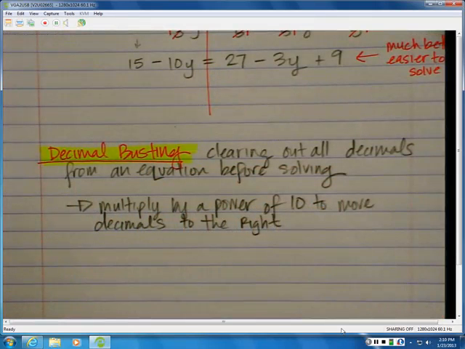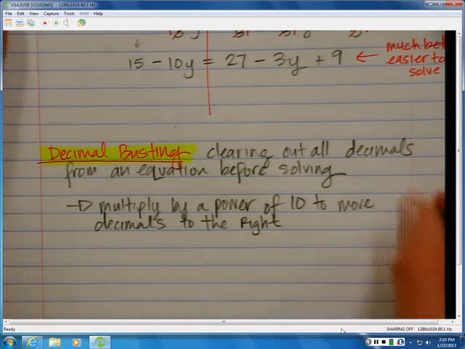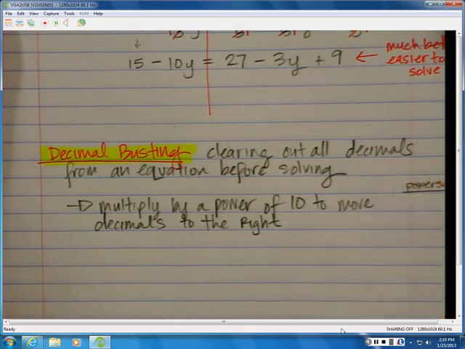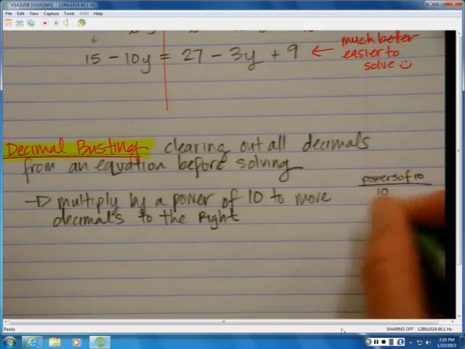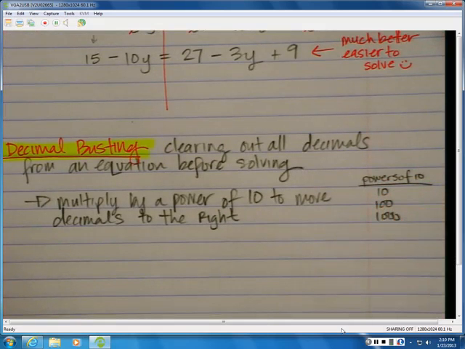When I say a power of 10, what I mean is multiply by 10, multiply by 100, multiply by 1,000. These are all powers of 10. So it could be 10, 100, 1,000. You guys get the idea. All right, let's do an example.